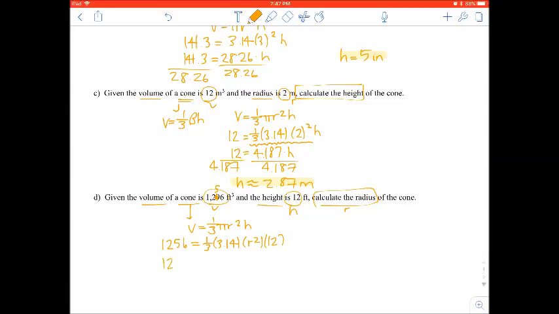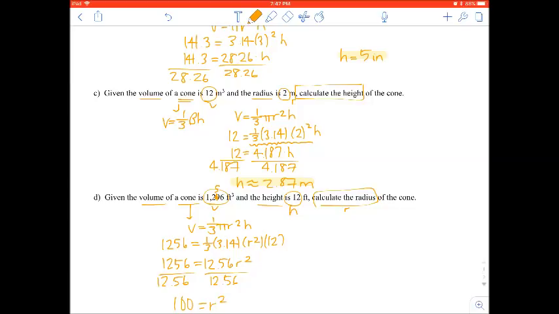So 1256 equals, if you simplify the right-hand side, 12.56 radius squared. We could have kept the 1296, but I'd like for you guys to work with some clean numbers on this first application solving for the radius. So from here, just with the previous problems, we want to get the variable term alone. Divide by 12.56, divide by 12.56, you get 100 equals radius squared.